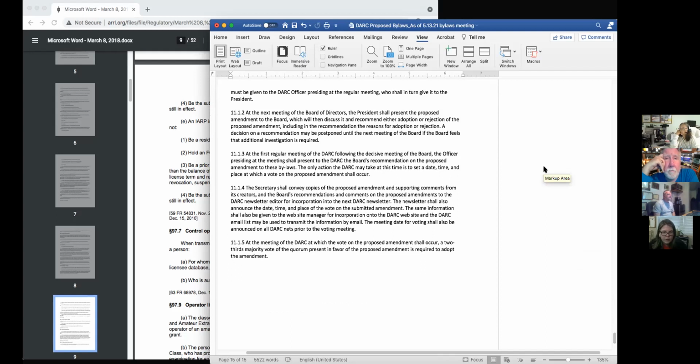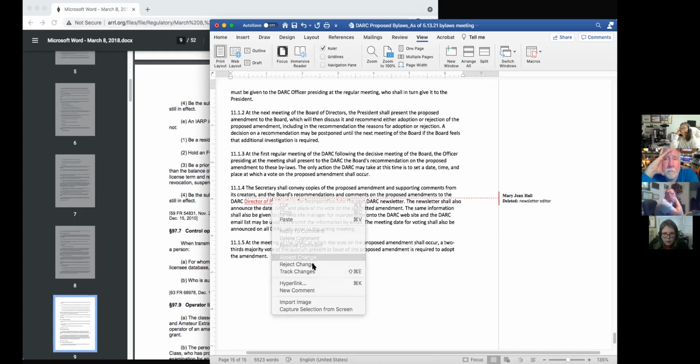11.1.4, the secretary shall convey copies of the proposed amendment and supporting comments from its creators and the board's recommendations and comments on the proposed amendments to the DARK Director of Publications for incorporation into the next DARK newsletter.